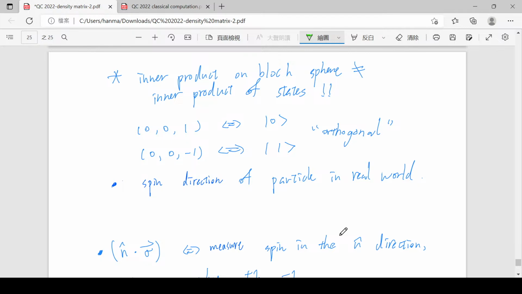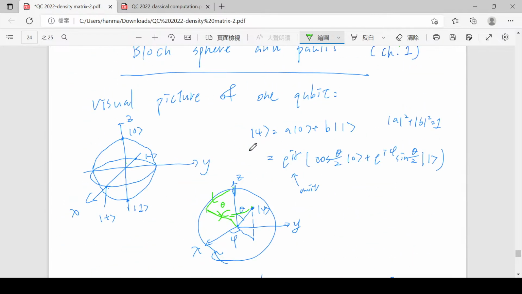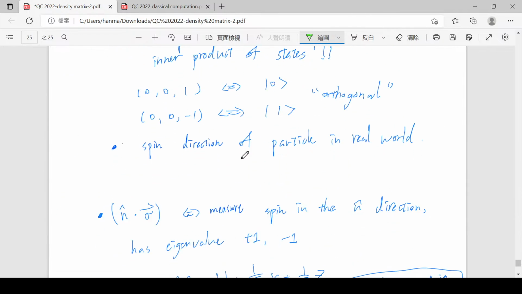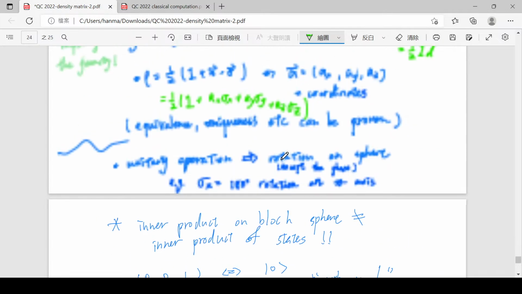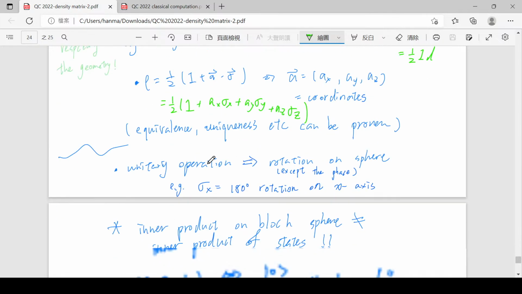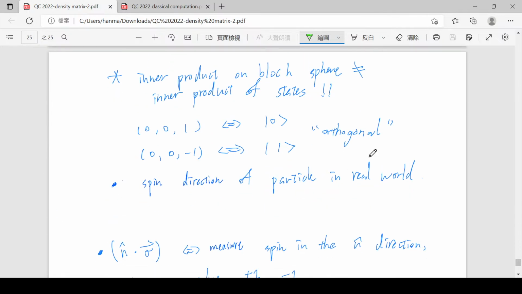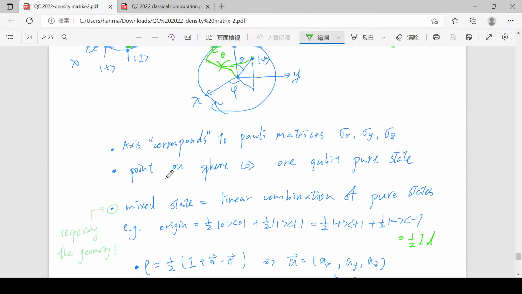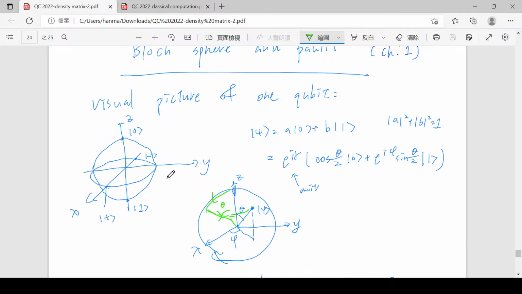And then we talk about a little physical interpretation. Why do people come up with this Bloch sphere? Originally, it can be seen as the spin direction of a two-dimensional particle.